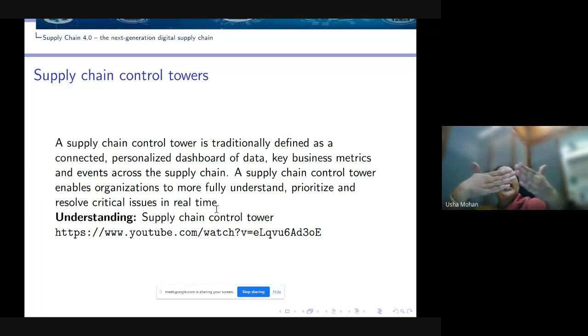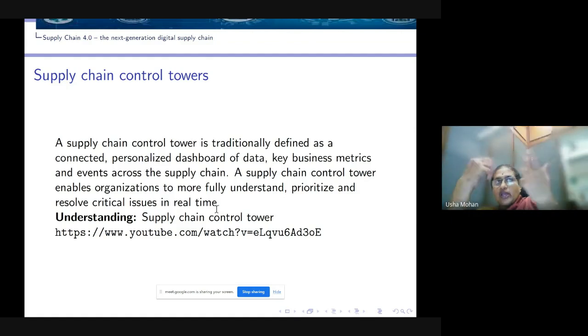You see, what happened in the Suez Canal blockade was that a ship actually blocked the canal, and as a result a lot of trade got stuck, because Suez Canal is one of the most important trade routes in the world, and a lot of containers got stuck. Now, when such a thing happens, if you have a supply chain control tower and you are able to visualize your entire end-to-end visibility, you can take immediate action.